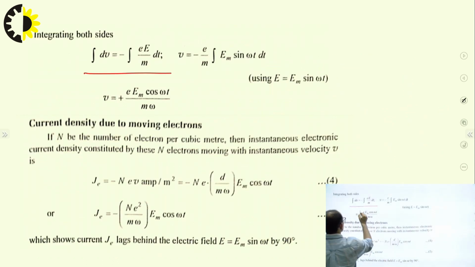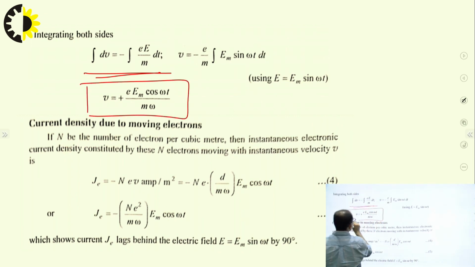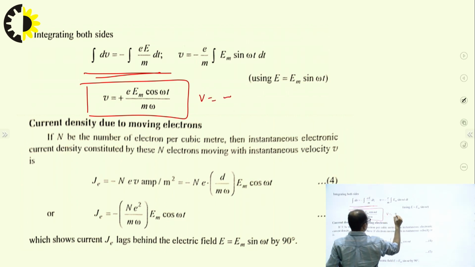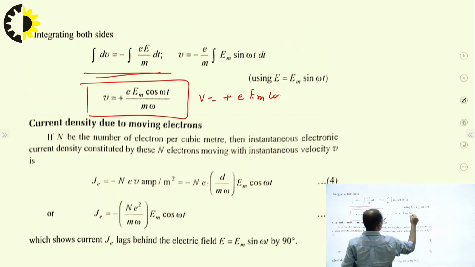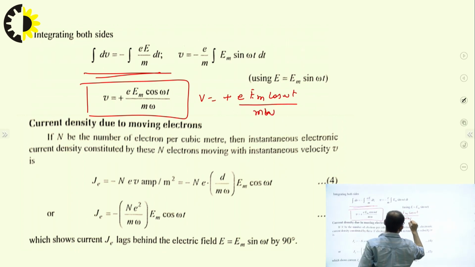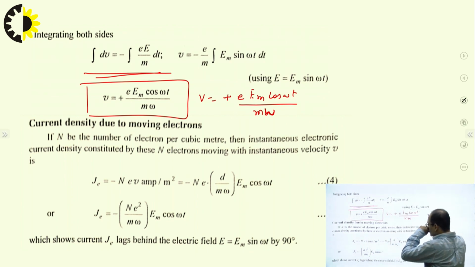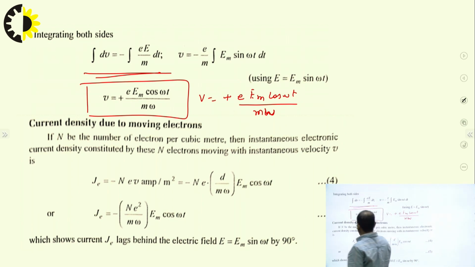So dv will be equal to minus of e into E upon m, multiplied by dt. On integrating dv on both sides, you will get the velocity of the electron equal to plus of e into Em cos omega t upon m omega. Now see, this is the velocity.